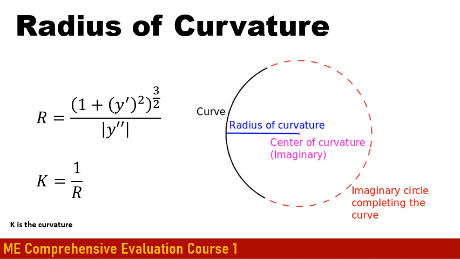But not all curves are circular, so it's more convenient to use the general equation. The radius of curvature is equal to 1 plus y prime squared, all of this raised to the power of 3/2, over the absolute value of y prime prime. The curvature is just the reciprocal of the radius of curvature.